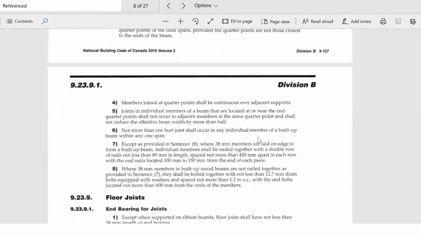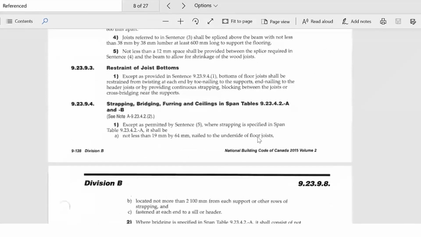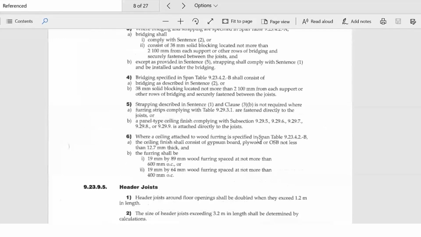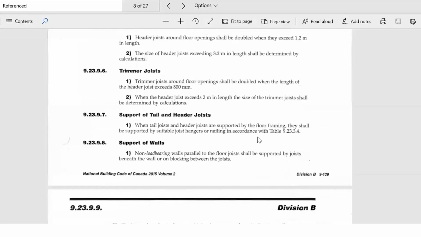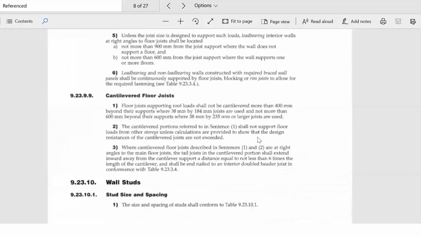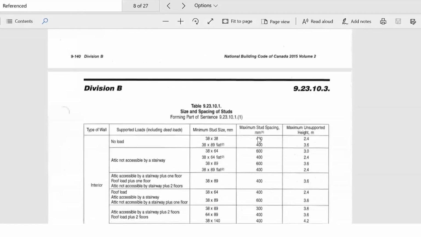It's floor joists and bearing for joists, joists supported by beams, restraints of joist bottoms, strapping, bridging, and furrings and ceilings. Other joists, trimmer joists, support of walls, cantilevered floor joists, wall studs, size and spacing of studs.